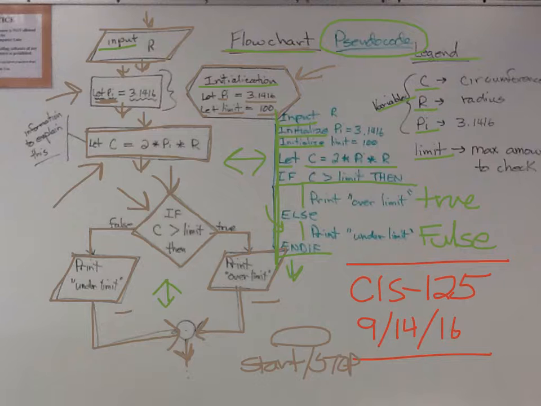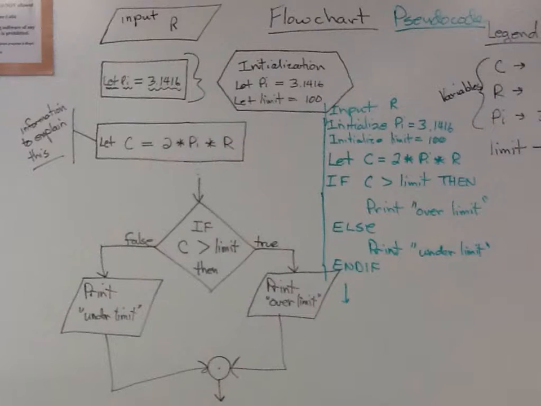I mentioned the legend. I think I'll go to the next page. Same thing, just a little bit bigger. Let me emphasize a couple points here. All this lines up. True, false, if, then, else, and end if. That's the structure.